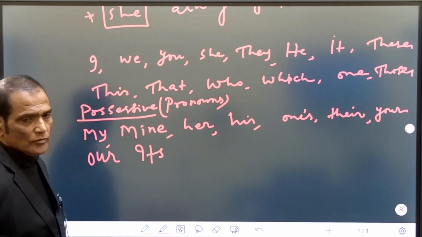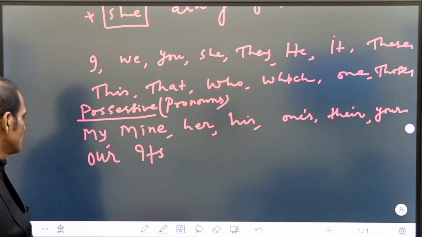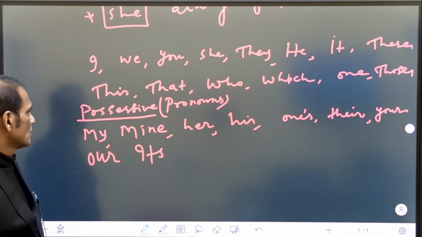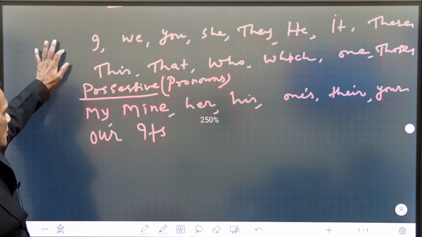These are possessive pronouns because these are used to indicate somebody's possession. It should be clear.